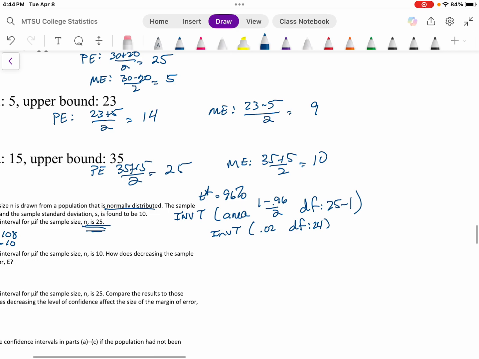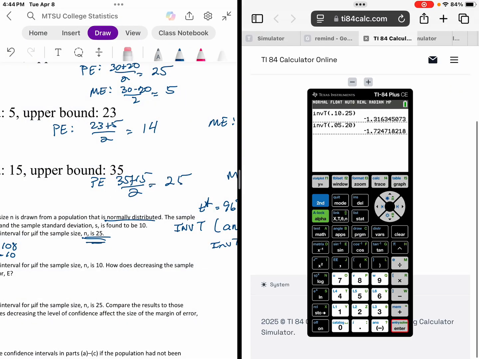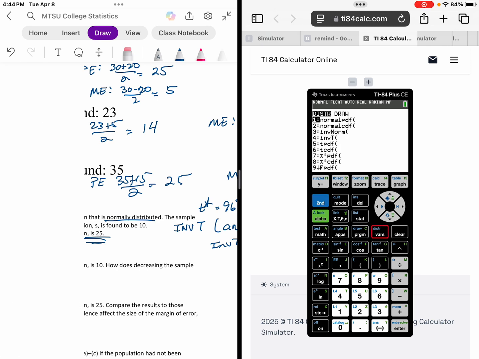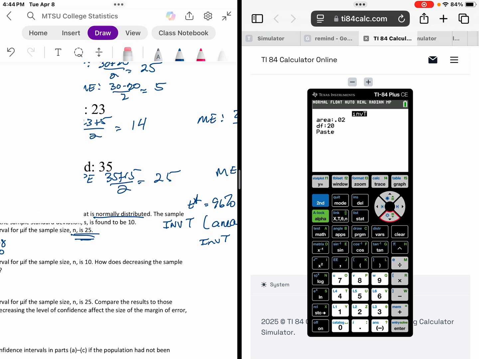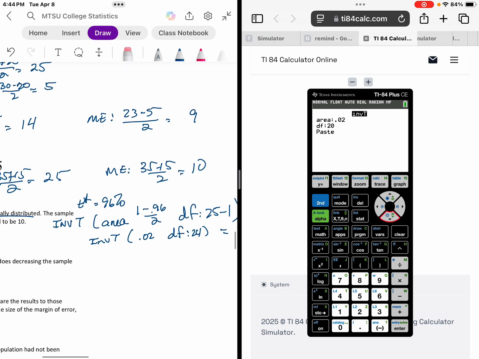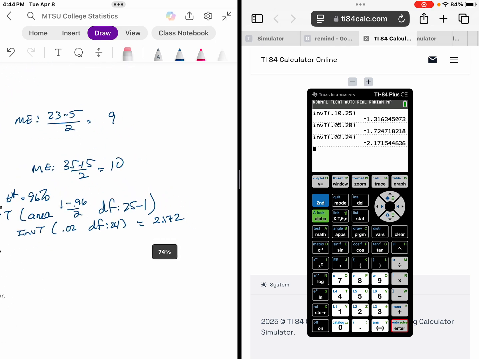And that gives me a t-star, as I get my calculator over here and go down to inverse t, 0.02, and we said 24, and 2.172. Now I'm ready to do this by hand.